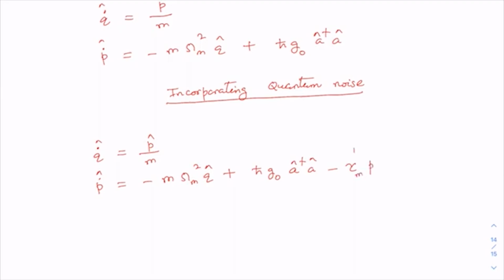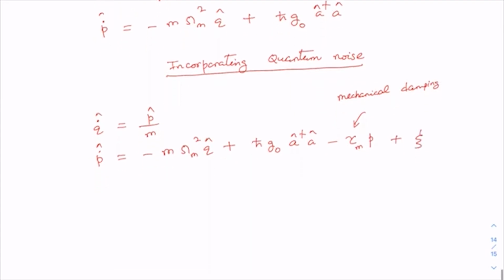So gamma m is the mechanical damping, and then we have the Langevin noise as well. And for the optical mode, we have a dot is equal to i delta, and say the amplitude decays at the rate kappa by 2. So we have this term here, plus i z0 q a.